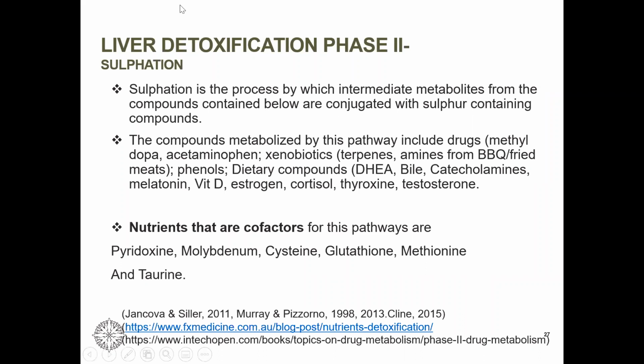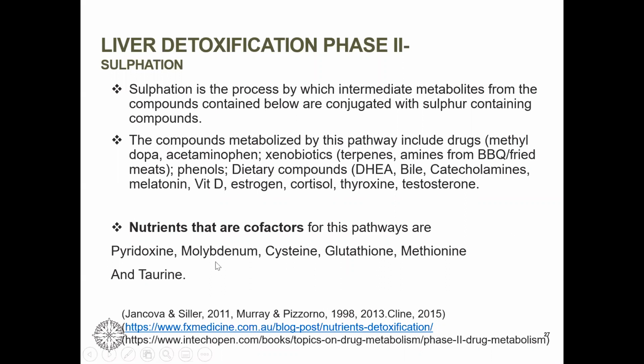So if we start with sulfation, it is the process in which the intermediate metabolites are conjugated with sulfur-containing compounds. That's why the nutrients that this pathway is using are cysteine and methionine, that are sulfur-containing amino acids.